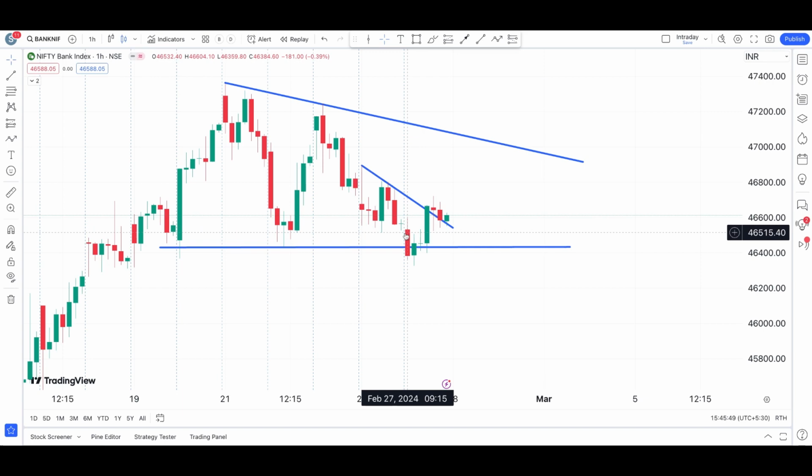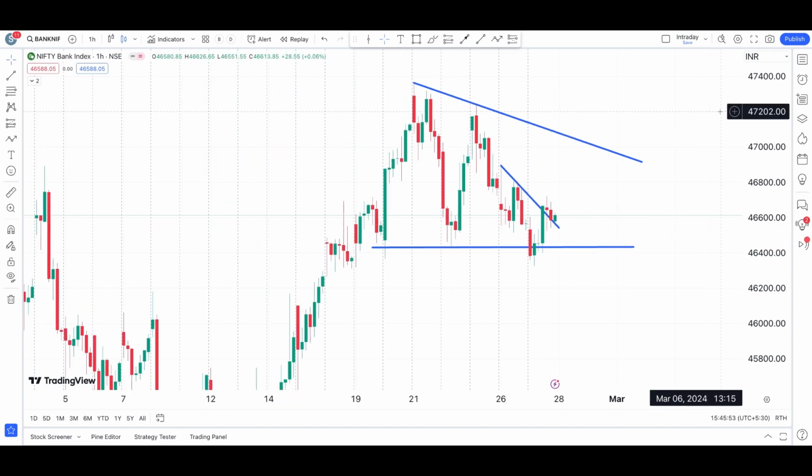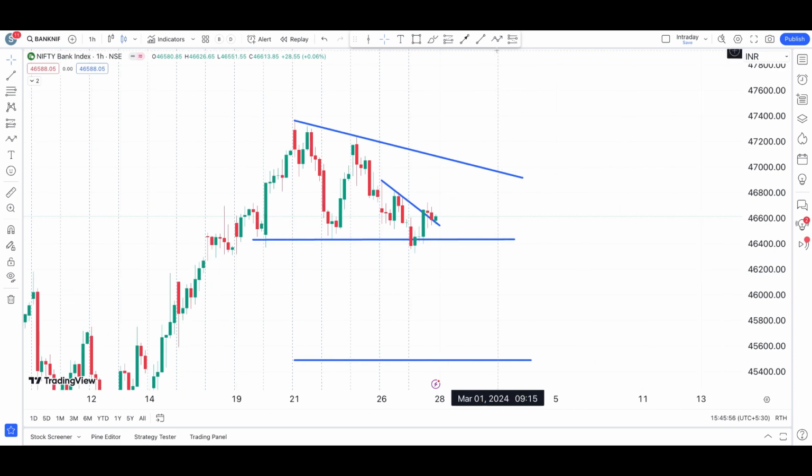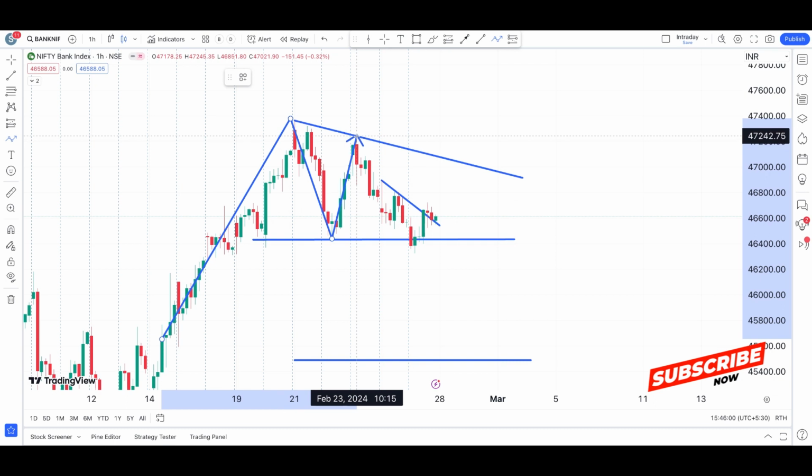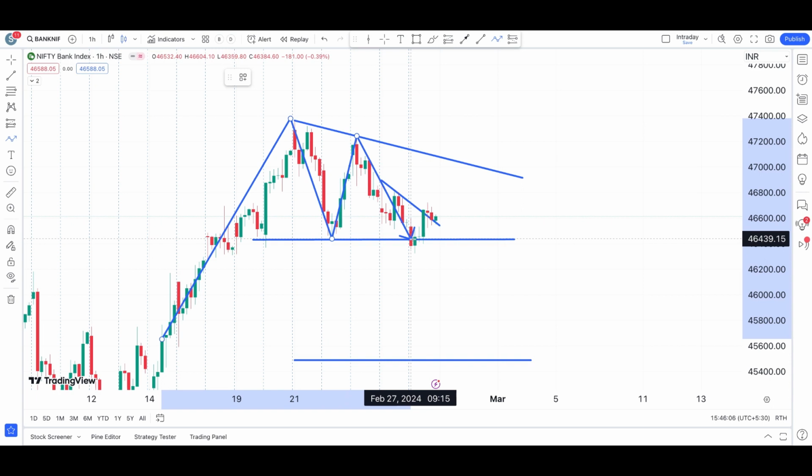If you notice on the left, as you can see visually, we can say that Bank Nifty has already seen a lower high, and from there it is in a consolidation mode on a 1 hour time frame from the last couple of days, no matter whether you see the upside move or the downside move.